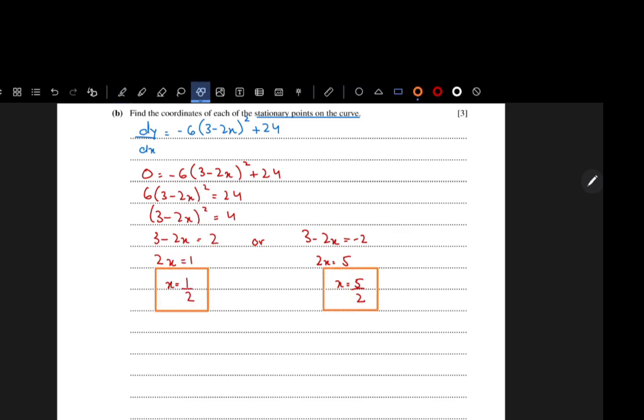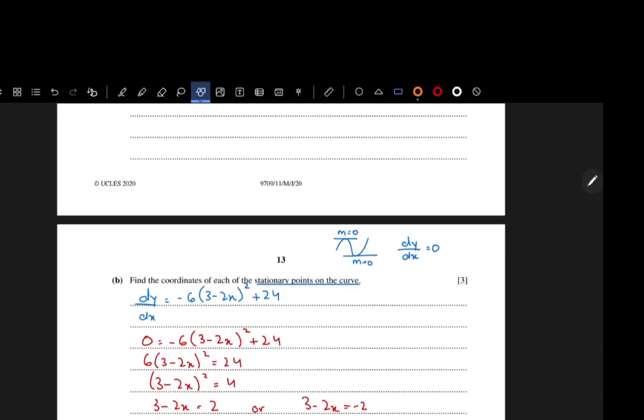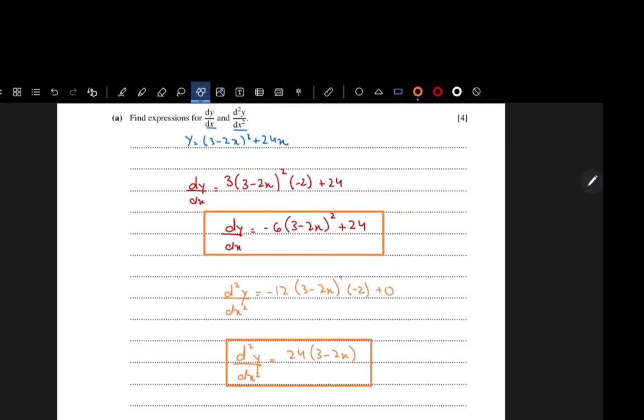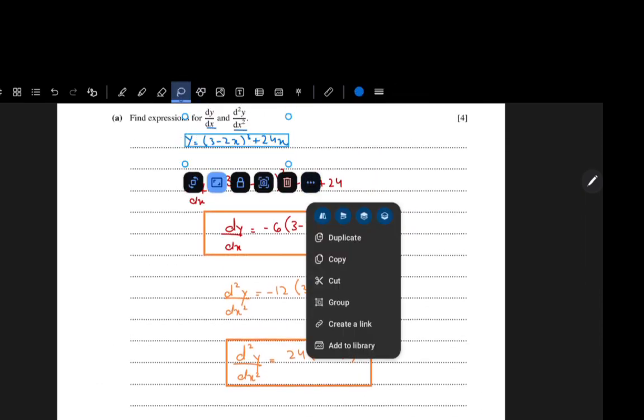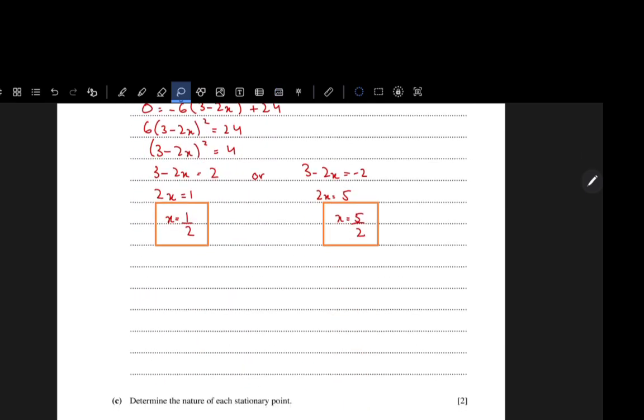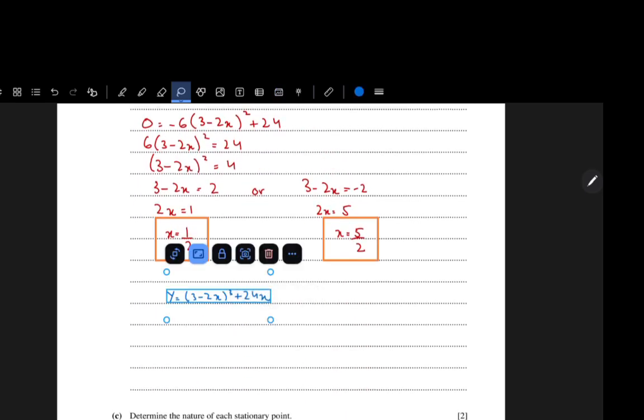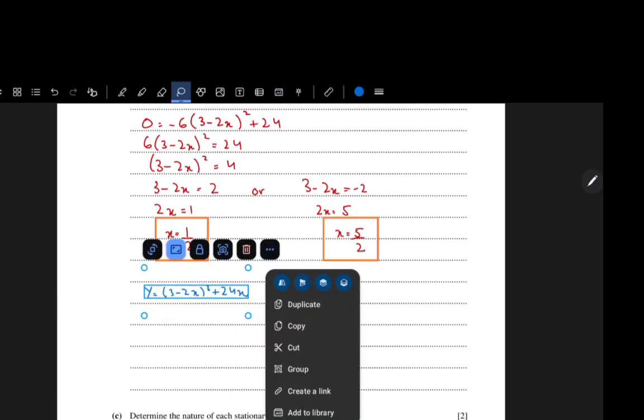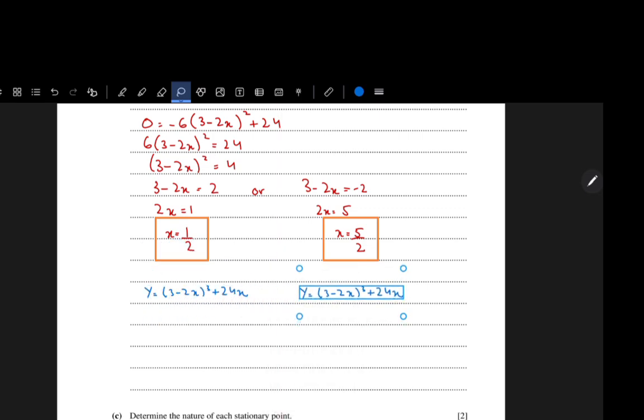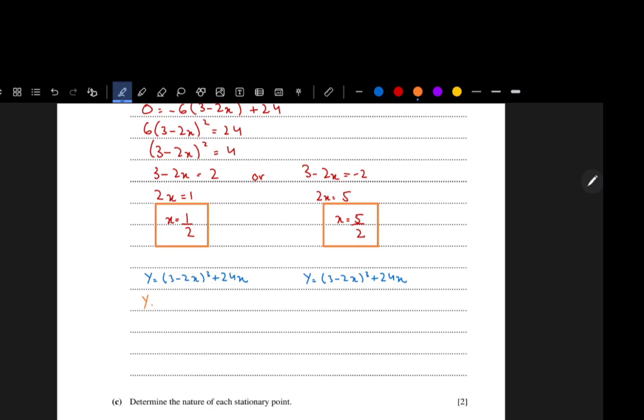Now that we know our x values, let's find the y values. We can take the original equation, let's copy it twice, and plug in the values of x.